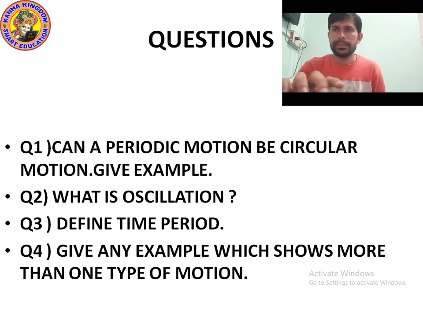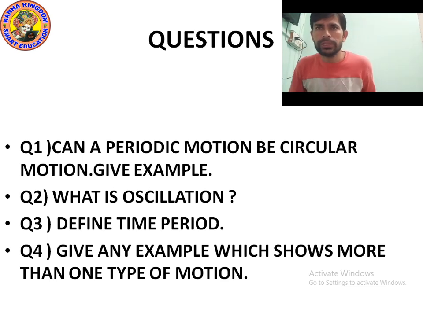Okay, it's time to ask questions from you. As you can see the question on your screen. Question number 1. Can a periodic motion be circular motion?